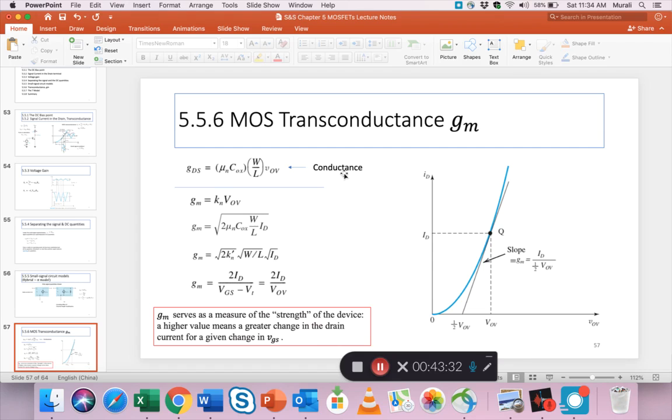So don't confuse this with GM, right? GDS is just conductance. It's the reverse of resistance, the opposite of resistance. 1 by ohms is a dimension, and it depends on all these factors. So GM is similar. I want to make the point that it's similar, okay, but it's a different thing also.